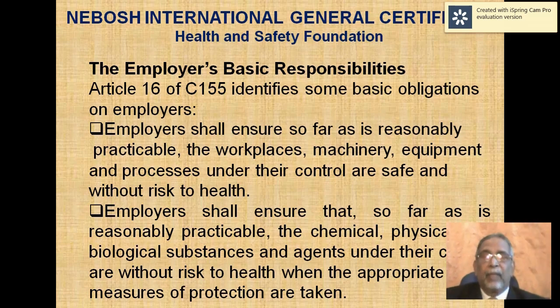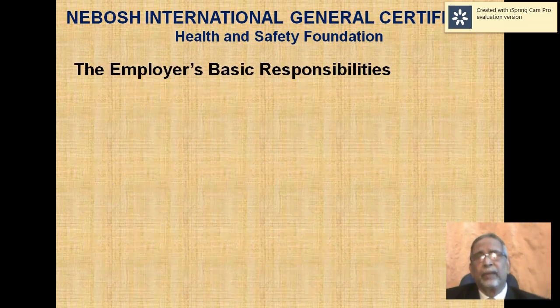Another one is, employers shall ensure that, so far as is reasonably practicable, the chemical, physical and biological substances and agents under their control are without risk to health when the appropriate measures of protection are taken.